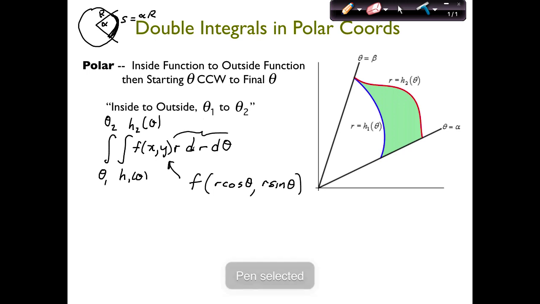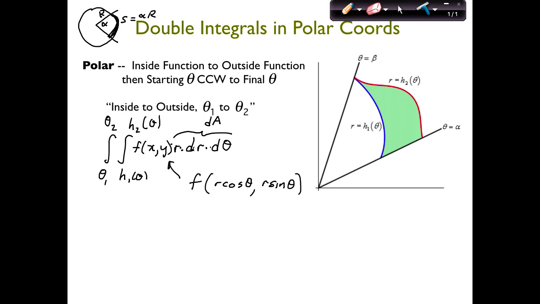So the dA is the r dr d theta, but what happens to the r? This is all multiplied. To find dA, we multiplied, and now we're multiplying dA by our function. So we've got the function written in terms of r and theta times r times dr times d theta.